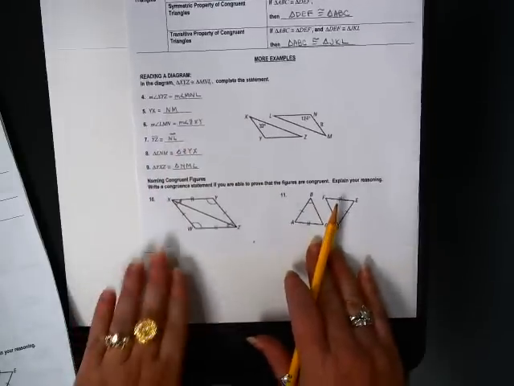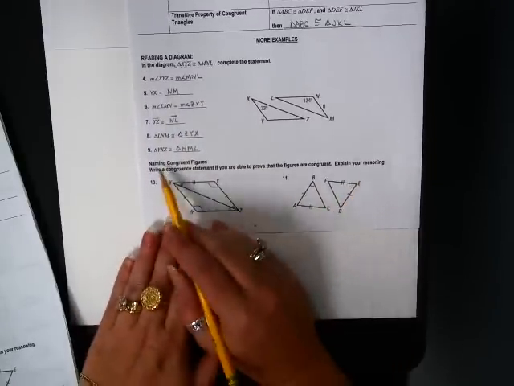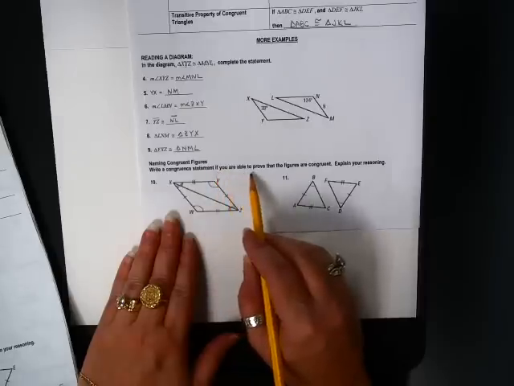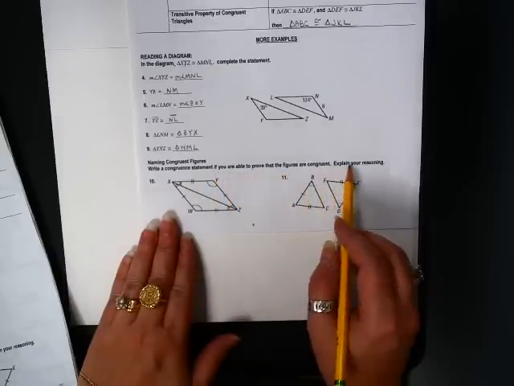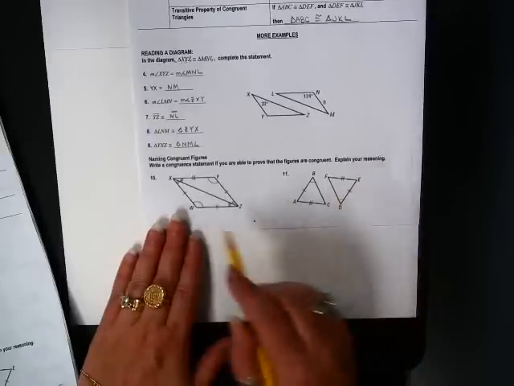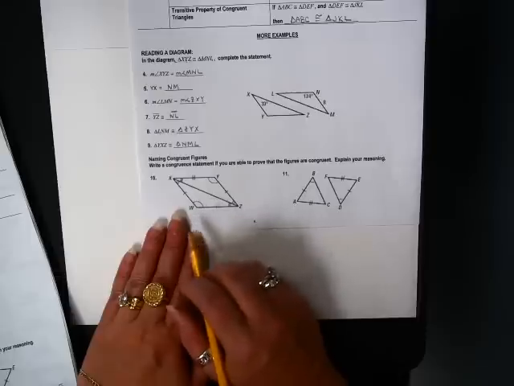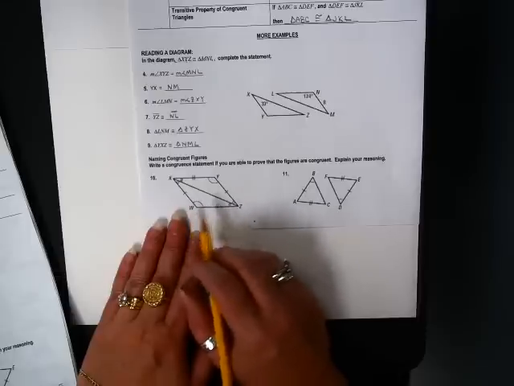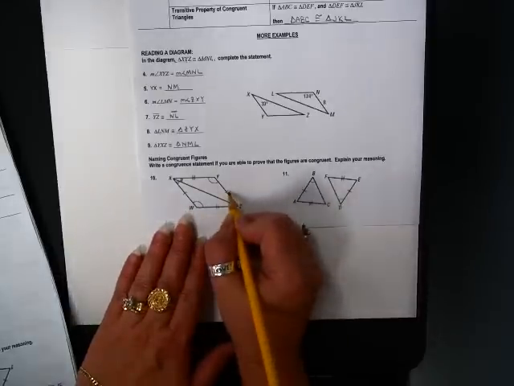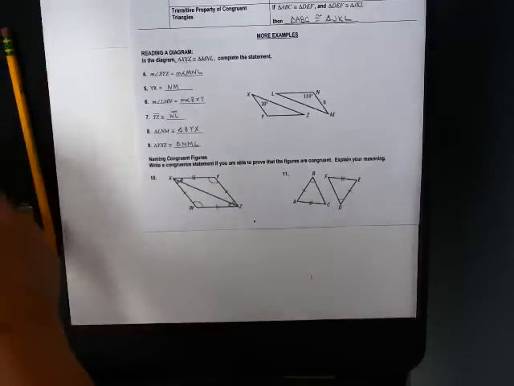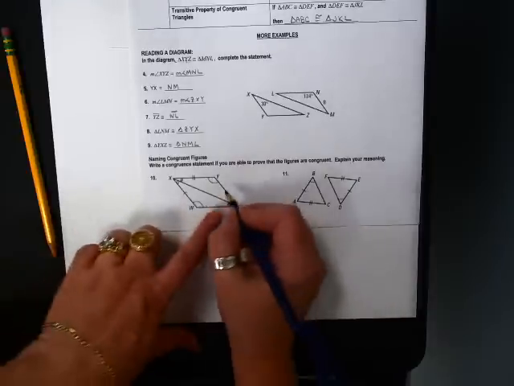Okay, next one down here. Write a congruent statement. If you're able to prove that the figures are congruent, explain your reasoning. Okay, so here, if they're congruent, then all the angles are congruent and all the sides are congruent. So I have how many angles and how many sides? Well, first of all, let me check the sides.